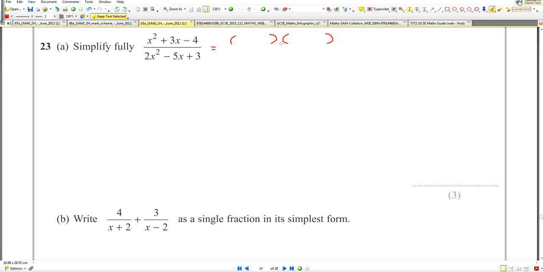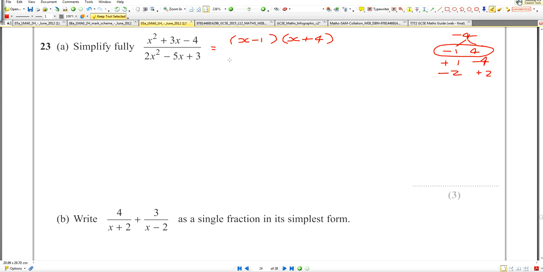We're looking for two numbers that multiply to give minus 4: minus 1 times 4, plus 1 times minus 4, minus 2 times plus 2. When you add them up, it's going to give a value of plus 3. So we say x minus 1 and x plus 4.